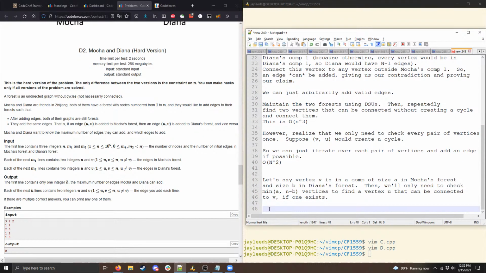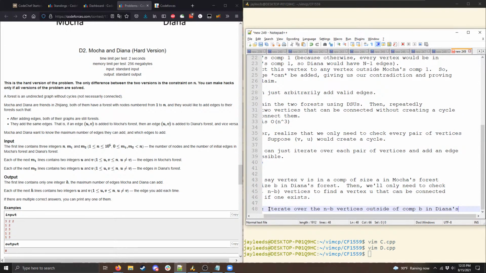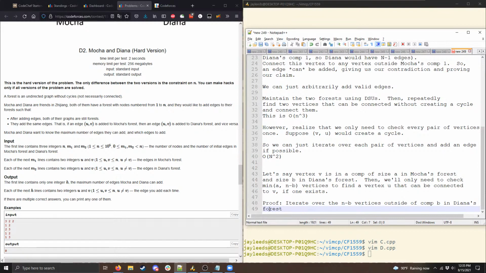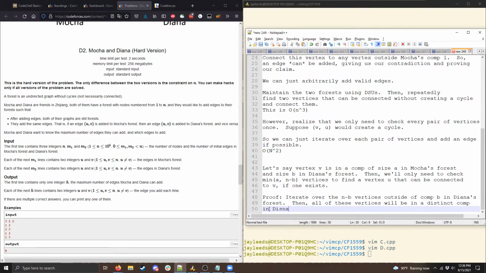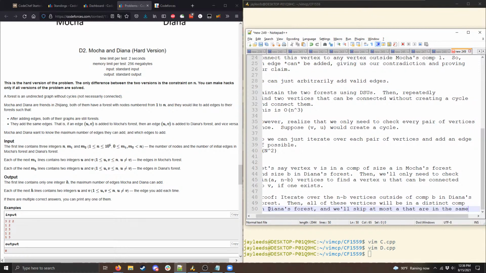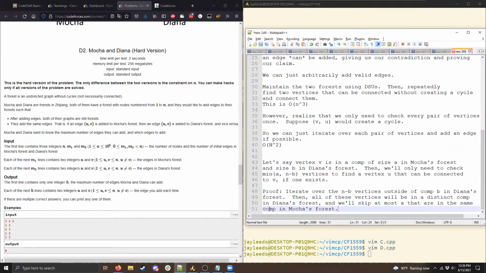And the proof here is we can iterate over the n minus B vertices outside of component B in Diana's forest. All of these vertices will be in a distinct component in Diana's forest, and we'll skip at most A that are in the same component in Mocha's forest.